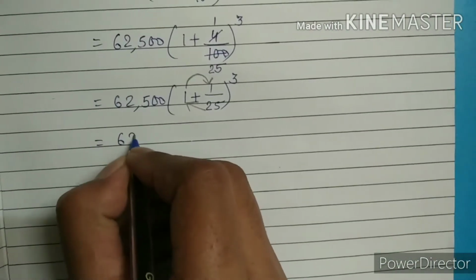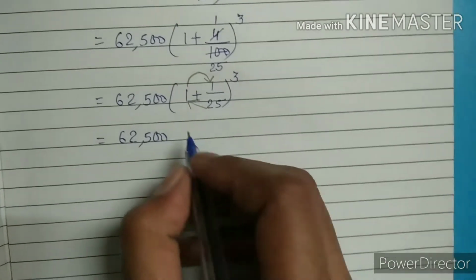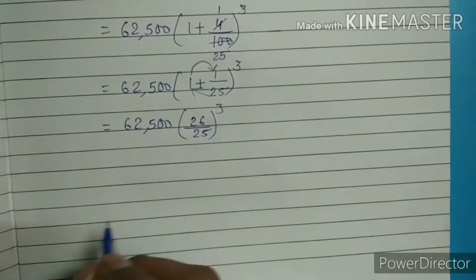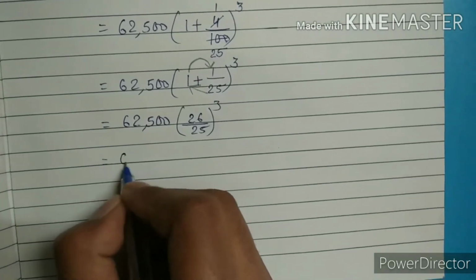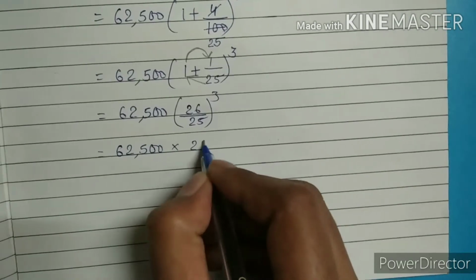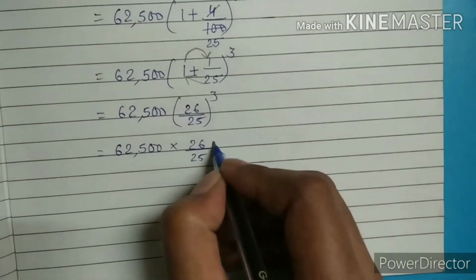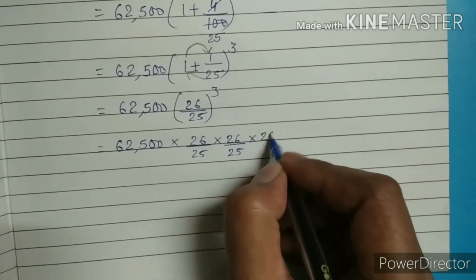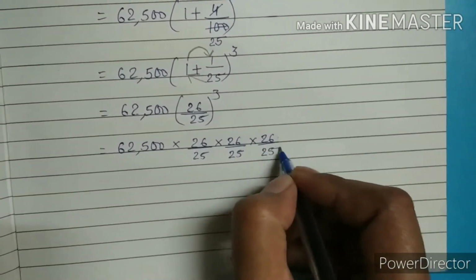So 62,500 into 26/25 whole power is 3. So 62,500 will look like 26/25 multiplied by 26/25 multiplied by 26/25.